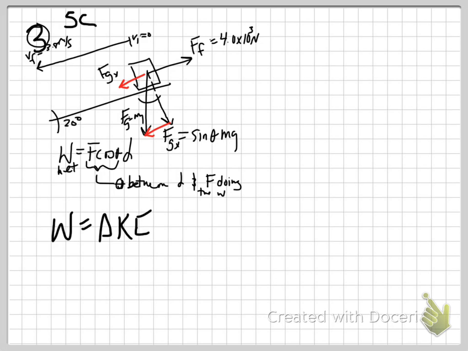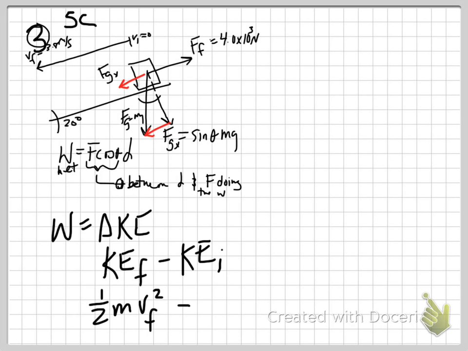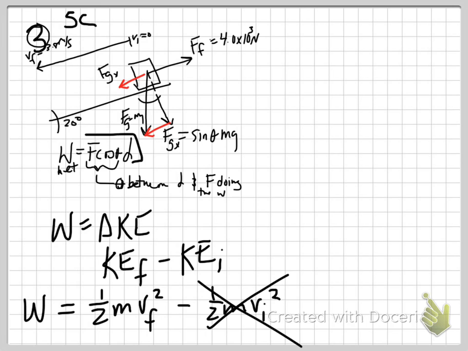So that would be the KE final minus the KE initial, which would be 1/2 mass times final velocity squared minus 1/2 mass times initial velocity squared. What was the initial velocity? 0. So work is equal to 1/2 mass times the final velocity squared. Well, work is also equal to this, so we can set those equal.